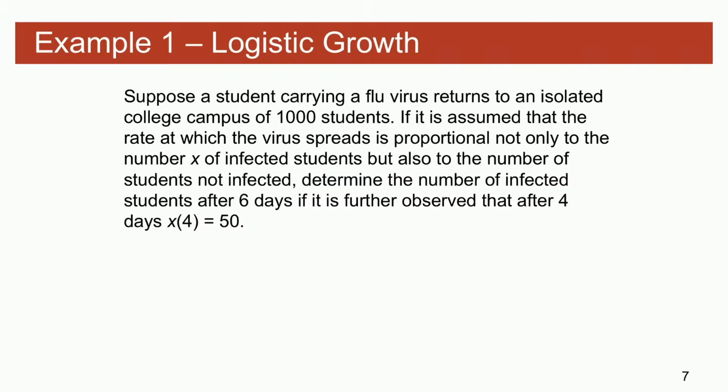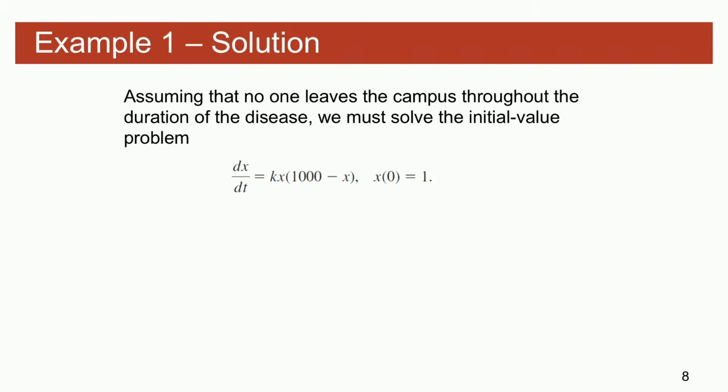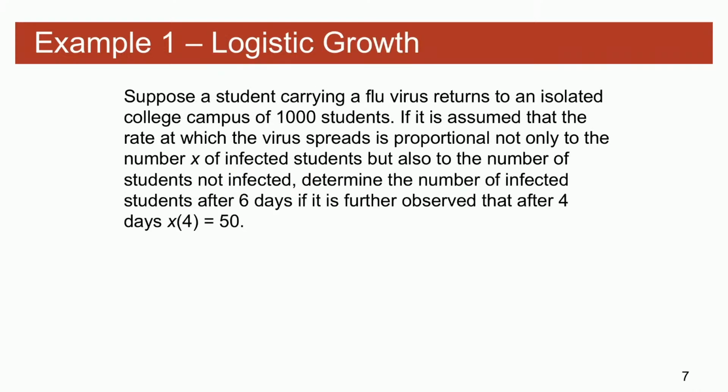So let's explain all the words, because there's a lot of words here. So we have a situation where we're going to have the rate at which the number of people is proportional to the number of students who have the disease, but it's also proportional to the number of students who do not have the disease.